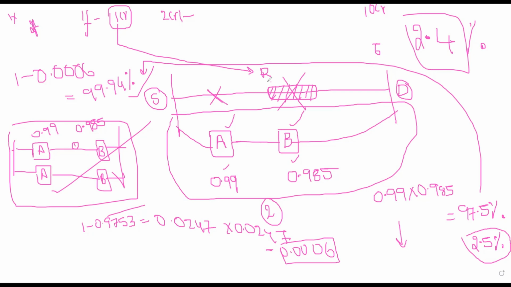What is that? That is my power generation. When the system fails, I am not able to send the power from my substation to the grid. I am losing some power, which is the indirect loss, which is the tariff.